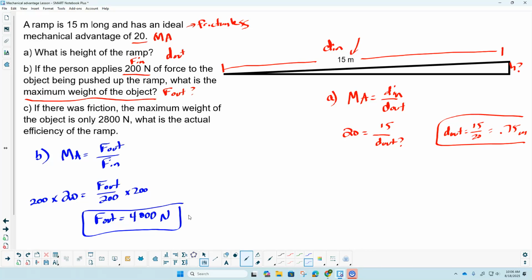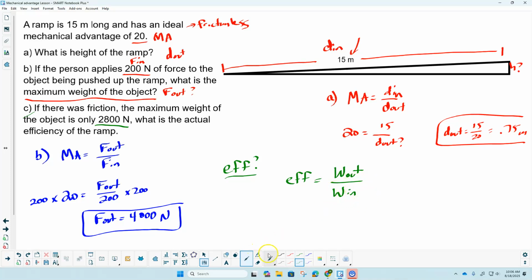Okay. The last part here is part C. Part C is if there was friction, and the maximum weight of the object is only 2,800 newtons, what is the actual efficiency of the ramp? So we're going to look for the efficiency this time. That's what we're solving for. To find efficiency, we again compare the output work to the input work.